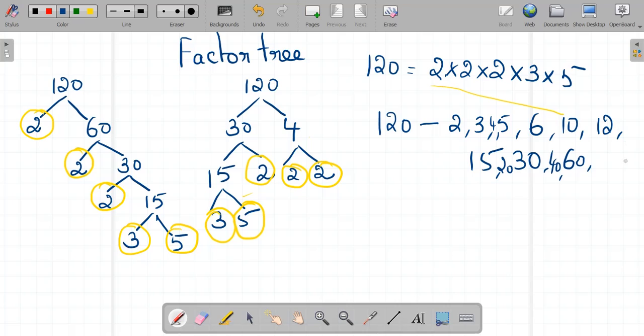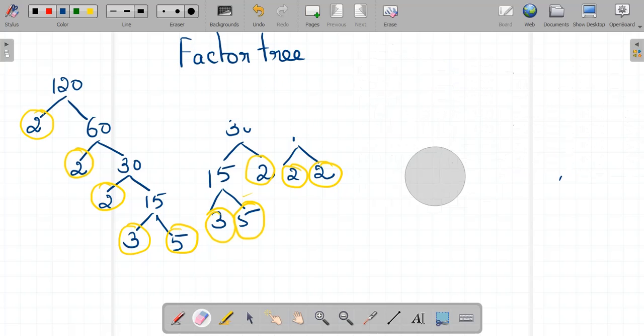So I can list a lot of factors for 120, but when I represent them in terms of multiples of only prime factors, and I am able to draw that like a tree structure, then it is called a factor tree. Now let us take another example to see how to draw a factor tree for a given number.